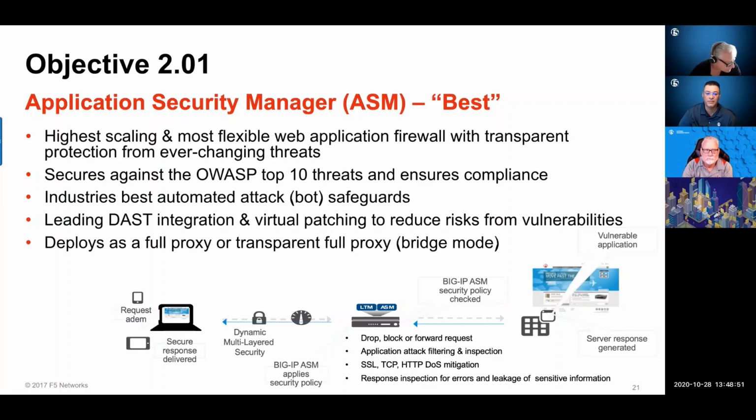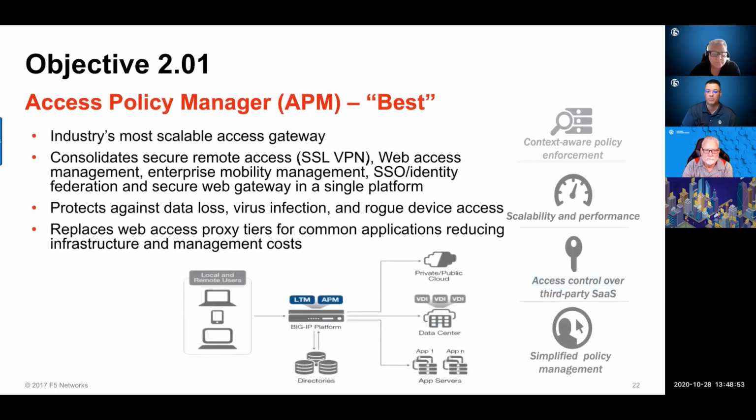But we also have another product called Access Policy Manager, APM, right? APM is known as our SSL VPN, federation and identity tool. This is more focused on using the F5 to give you not only SSL VPN access to your site, which we can do with this product, kind of like some of the other vendors do with their firewall.